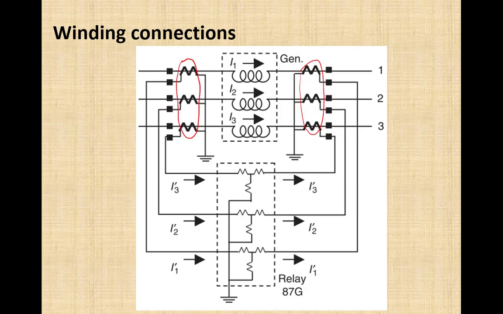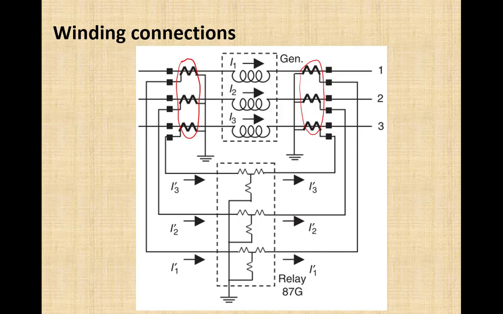Remember, the polarity marking of these CTs must be either towards the machine on both sides or away from the machine on both sides. Here we can see the polarity marking ends of the CTs are mounted in such a way that these markings are away from the machine winding on both sides.